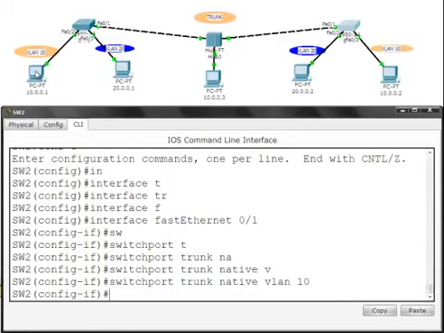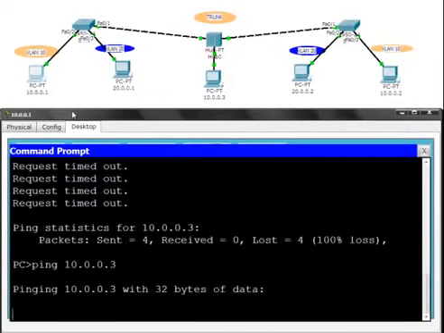Now, if I ping from this PC, I will ping. Wait and see. I'll ping, it's learning.